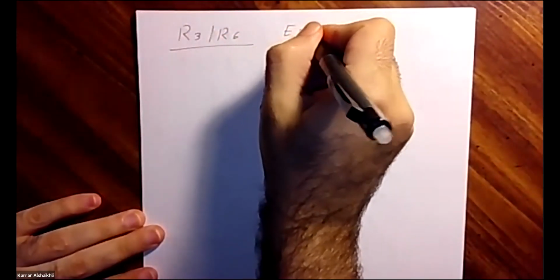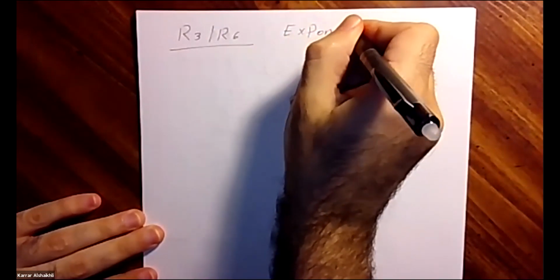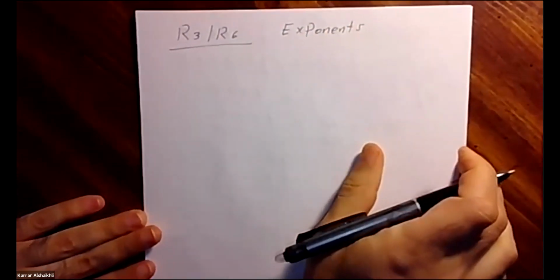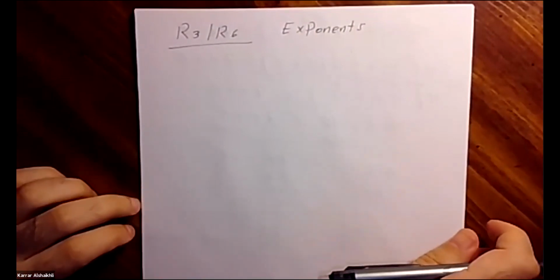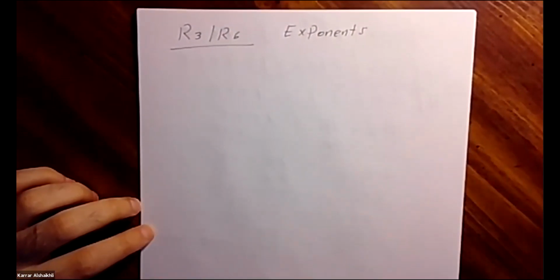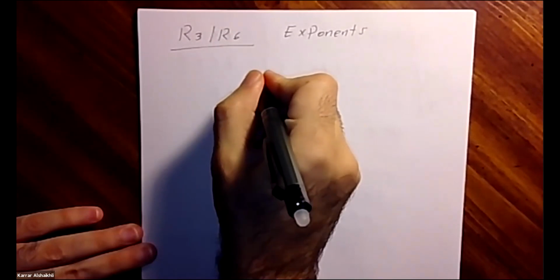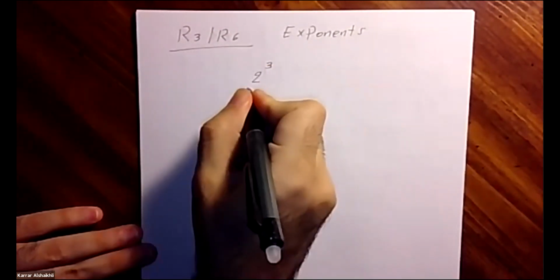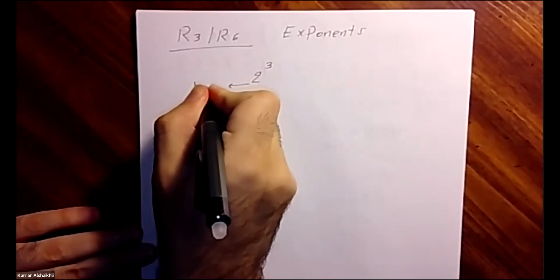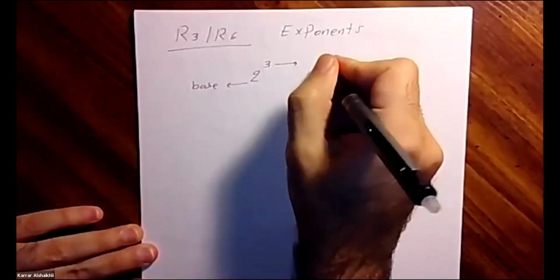So now we're going to start section R3 over R6, which is the exponents. We already took some idea about the exponents before. So if we have 2 to the exponent 3, this is called the base, and this one is called the exponent.